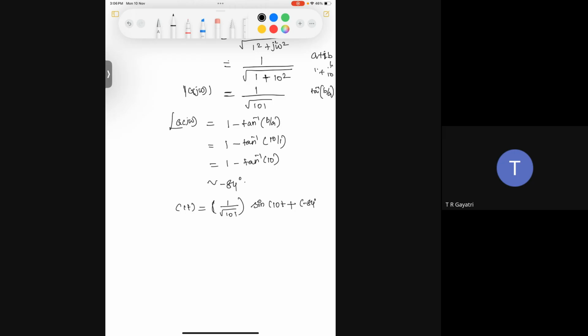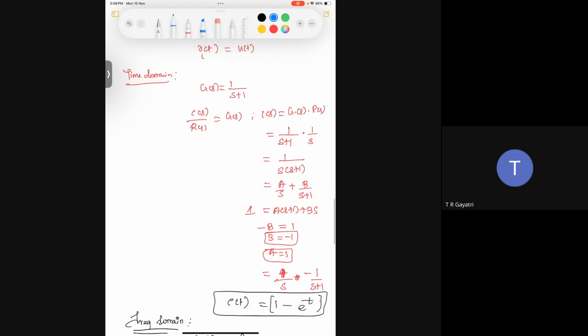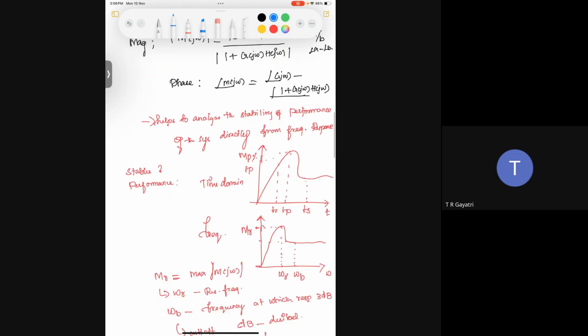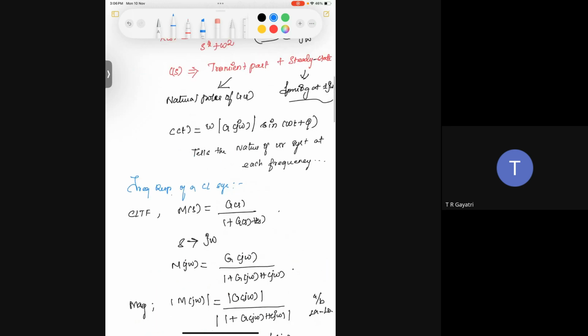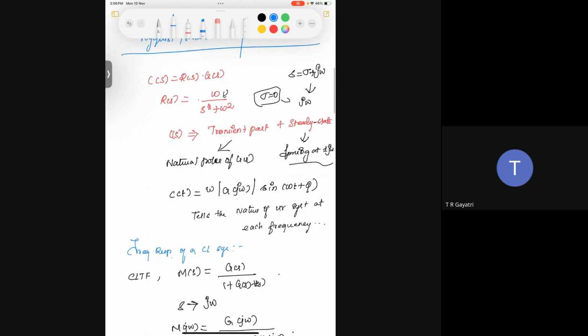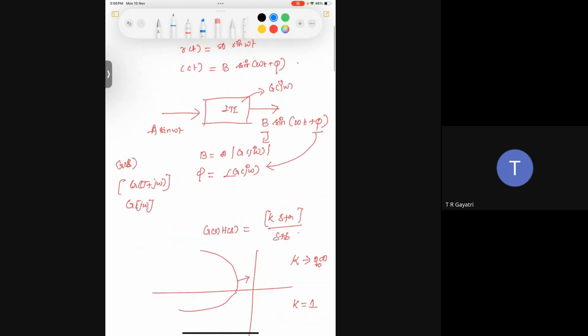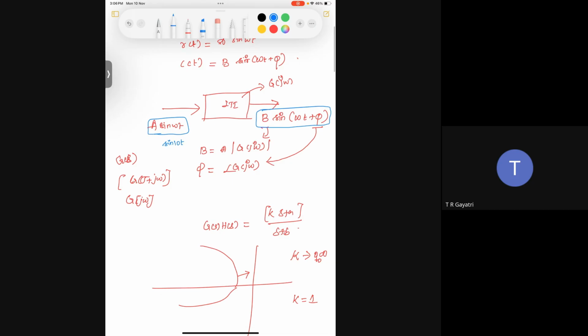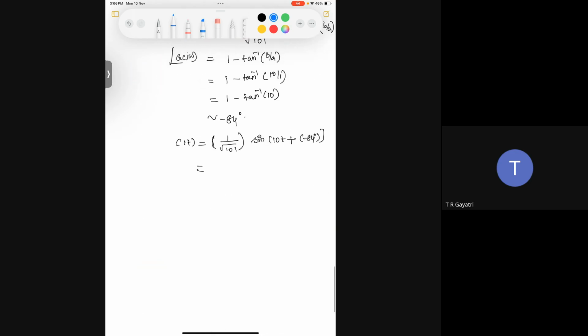So minus 84 degrees is your phi. Now when we compare this with the explanation given here, you give A sine omega t and you get B sine of omega t plus phi. For A sine omega t being sine 10t, what we got is B equal to 1 by root of 101, sine omega t plus phi, where phi is minus 84 degrees.